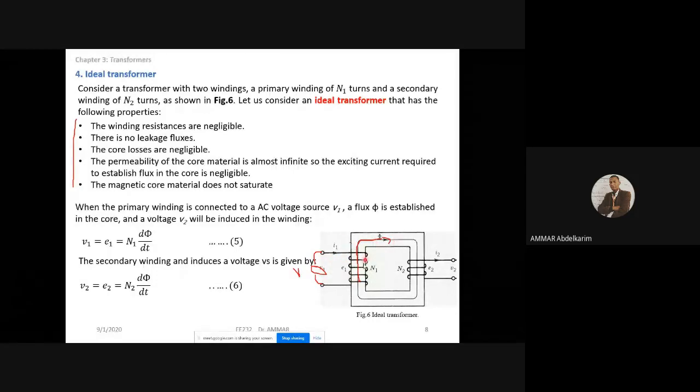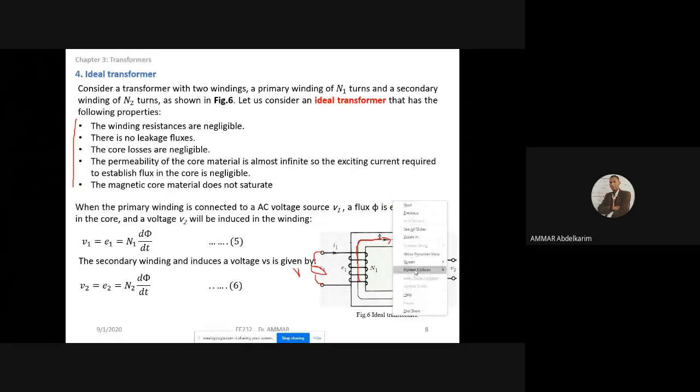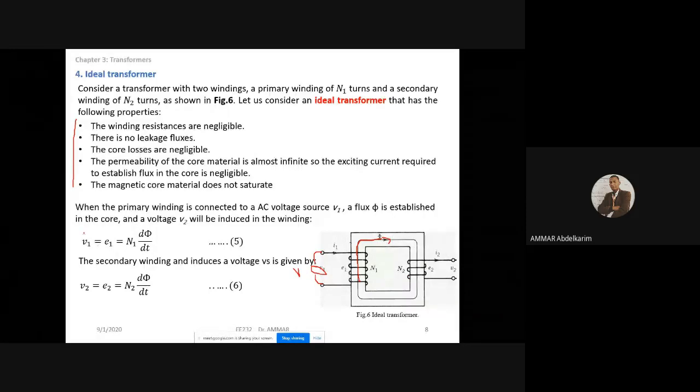So this flux, the linkage flux created in the core, when it travels to the secondary, will induce another voltage, which is called the secondary voltage. So this is the voltage expression of the primary voltage, number 5. A flux phi is established in the core and the voltage V2 will be induced in the secondary winding. The induced voltage is given by this expression.